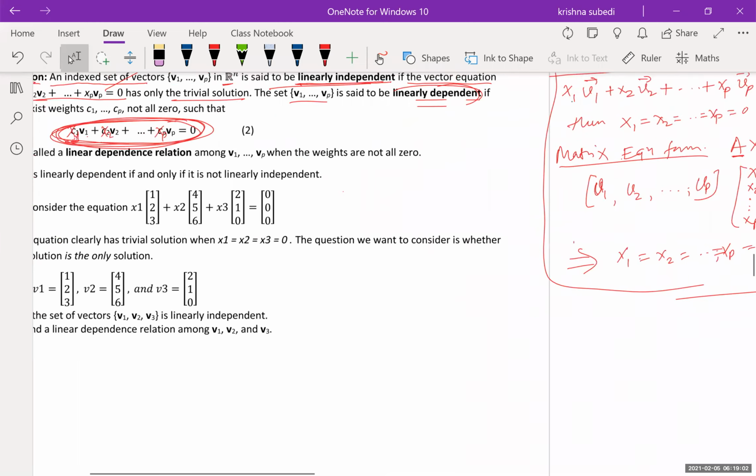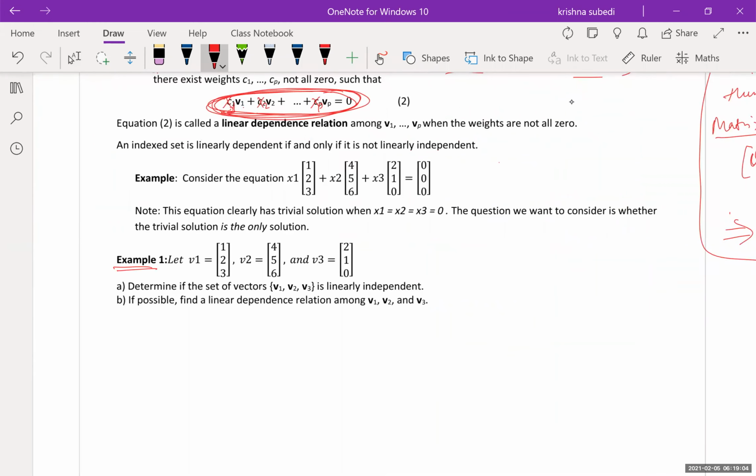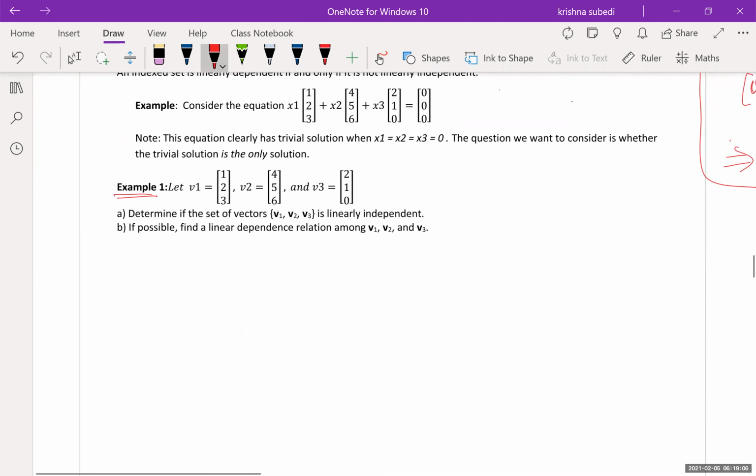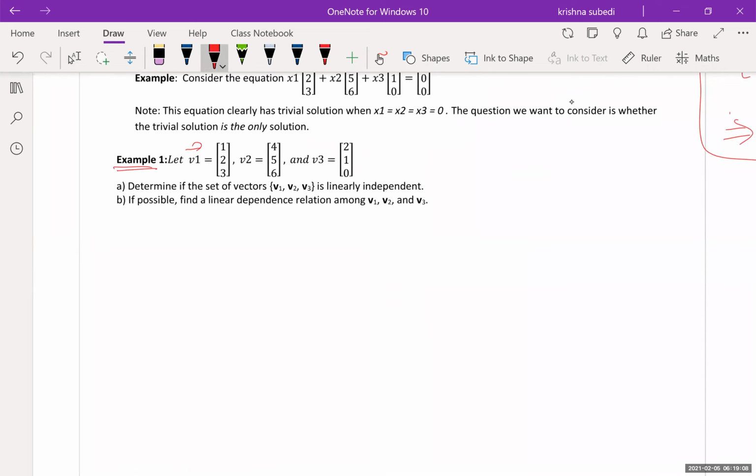All right, now let's look at a simple example. We are given 3 vectors and we want to check whether the set of vectors is linearly independent.